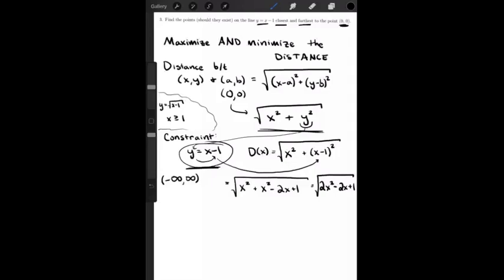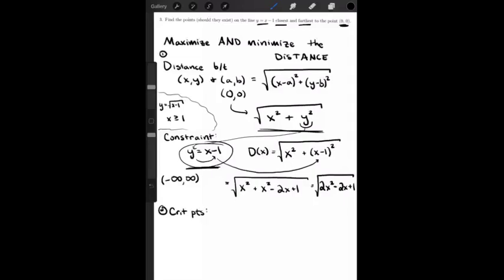So we have our constraint. We came up with an objective function. So now it's time to find the critical points.